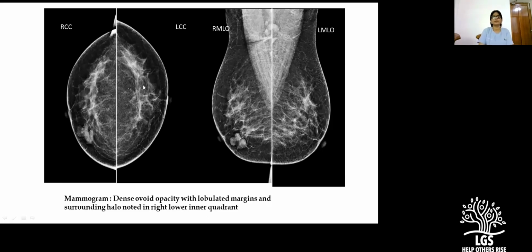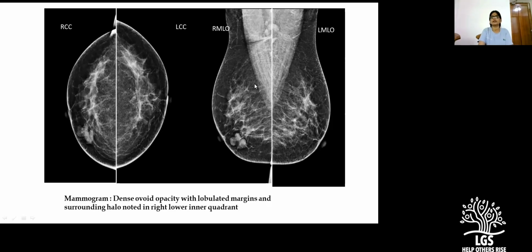So going by what we learned here, how do we check the adequacy of the mammogram to see if all the zones are included? This is the pre-mammary zone, the glandular area, and the retromammary zone. From the nipple, you draw a line backwards. That's the posterior nipple line. And on the MLO as well, from the nipple, you draw a line to meet the edge of the pec muscle here.